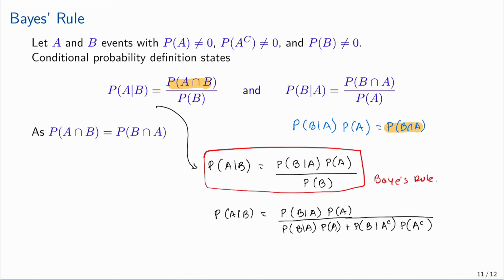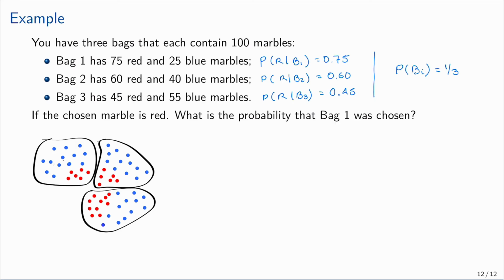So when can we apply Bayes' rule? Let's have an example, and the example is the same one from the last time, but in this case the question is different. We have the three bags, bag 1, bag 2, and bag 3, and now the question is, if the chosen marble is red, what is the probability that bag 1 was chosen?